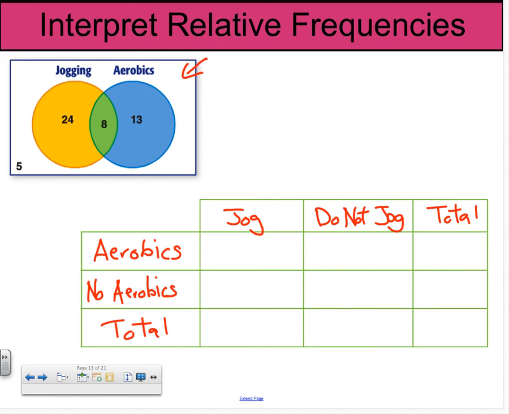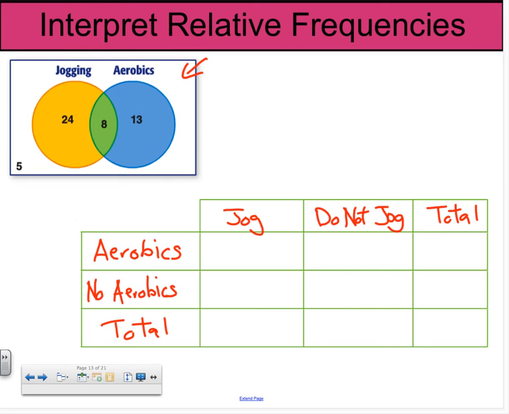Now we've got to get our information. So let's look at this Venn diagram. How many people just jog? They only jog.